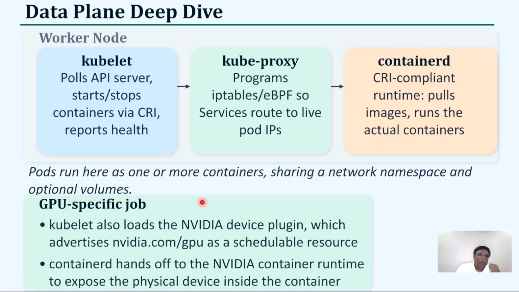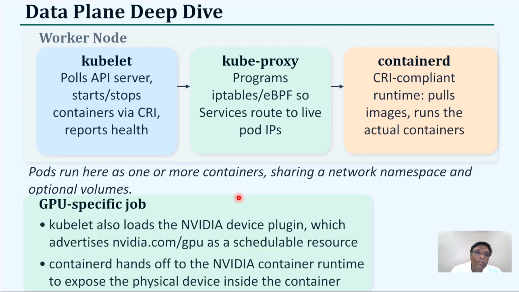So the GPU specific job, why GPU specific? Because we are trying to work on AI workloads. So kubelet actually loads the NVIDIA device plugin, which advertises nvidia.com/gpu as a schedulable resource.